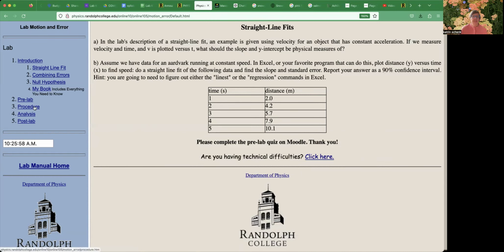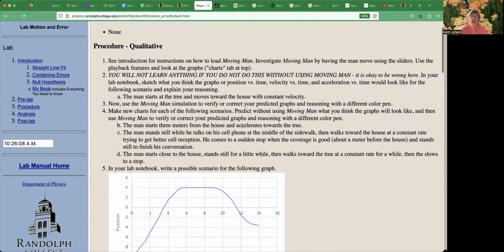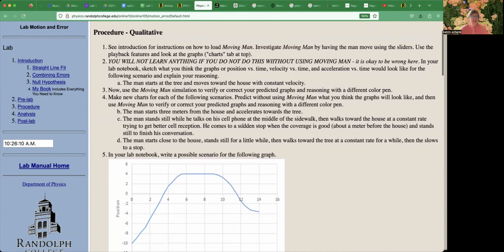Okay, now the procedure, there's two parts. There's a qualitative where you're going to use that simulation and try to reproduce graphs that we've given you. And you're going to talk about in your informal quiz, how did you get these? What did you make the man do to try to reproduce the graphs in the simulation? Okay, this is very qualitative. It doesn't have to be exact. It's the shape we're looking at, okay?